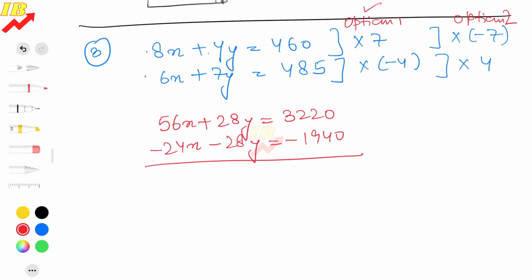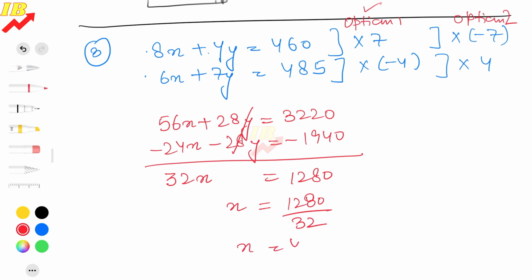Okay, now you add it again, right? You can simply see that these are going to cancel out, right? So this is going to give you 32x is equal to 1280. So x is 1280 divided by 32, which is going to give you a 40, right? So this is the solution for x, right?